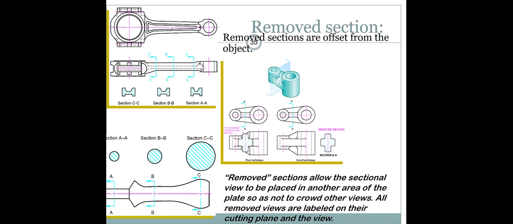Because they can be added anywhere on the drawing sheet, it is better to label each cutting plane by letters AA, BB, CC, and add the name of the section views either on the top or under the removed section views.